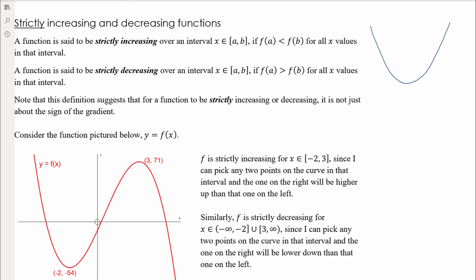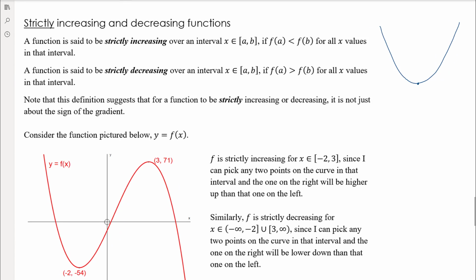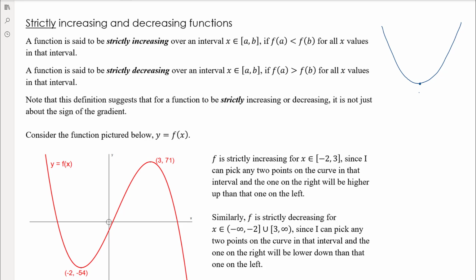So we agree that wherever there's positive gradient, the function is increasing. So let's say that this is the point A, and let's say that's B. So we know that at A, the gradient is 0. So normally we'd say the function isn't increasing at A, and that's a true statement.